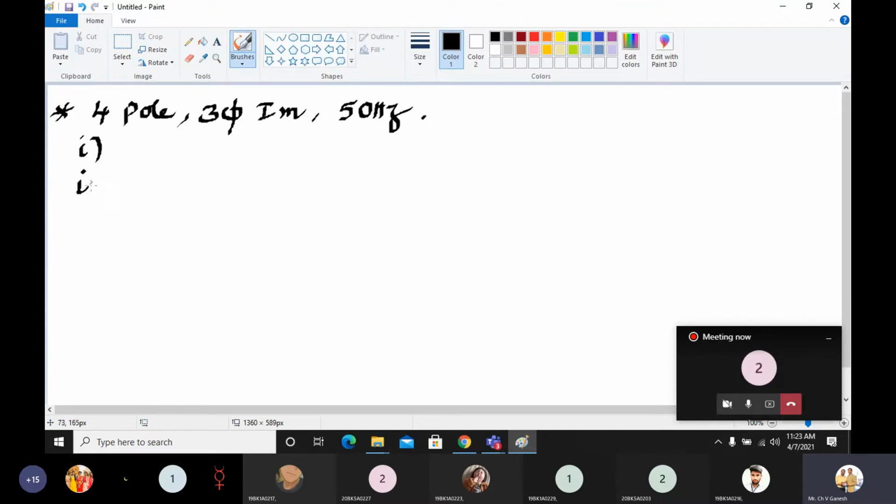Now the second one: the speed of the rotor when the slip is 0.04. Third one: the frequency of the rotor currents when the slip is 0.03.